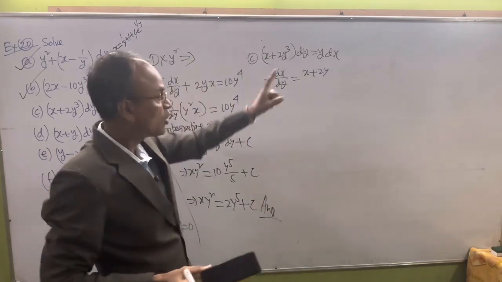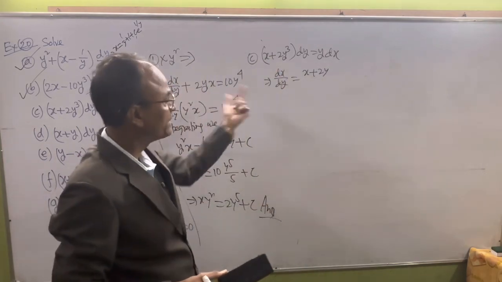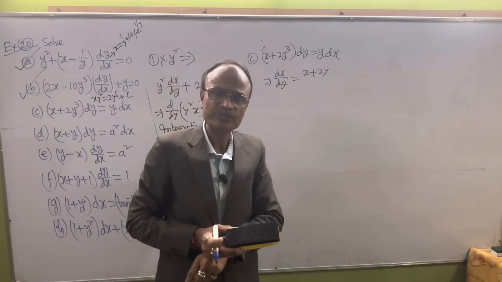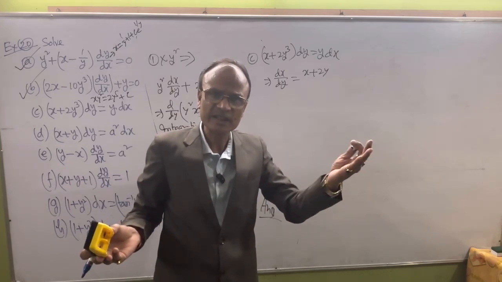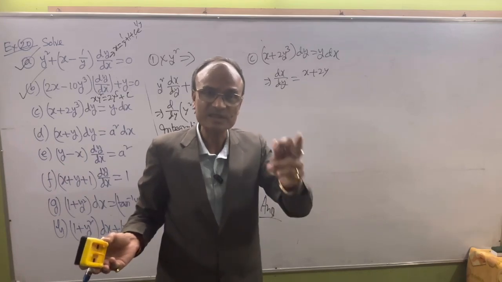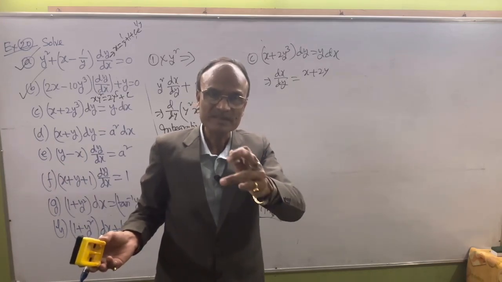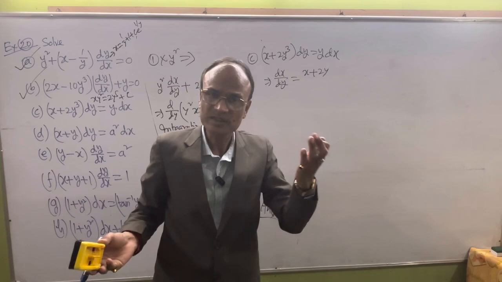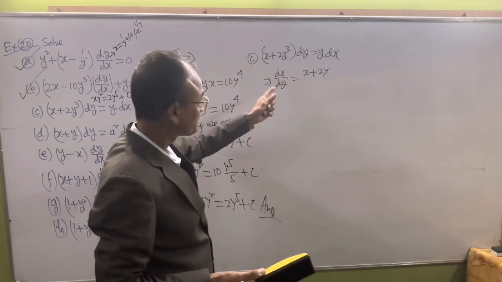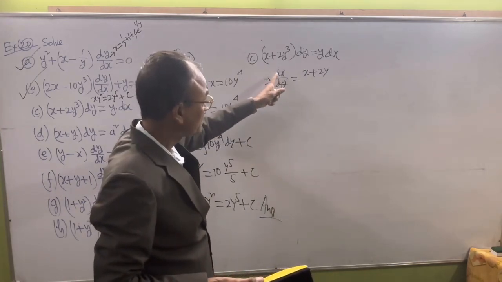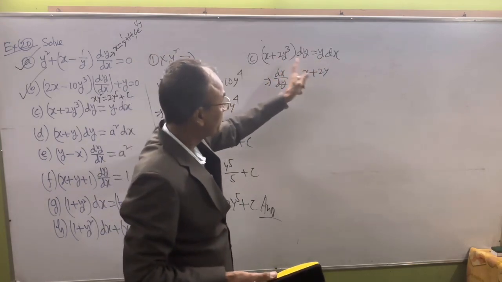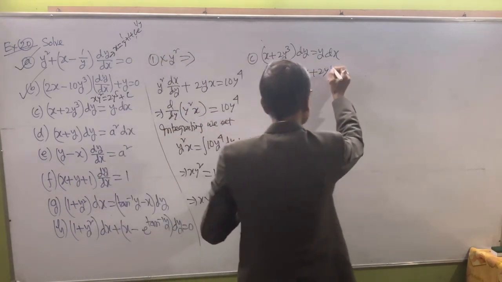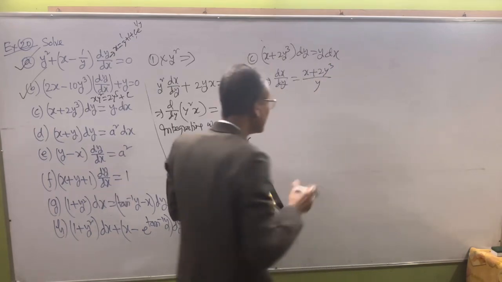Now see, if dy by dx is y divided by x plus twice y cube, it cannot be expressed in the form dy by dx plus py equal to q. It cannot be expressed in this form. But dx by dy means x plus twice y cube divided by y.